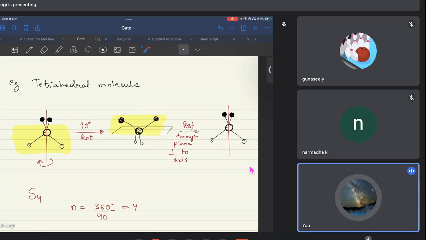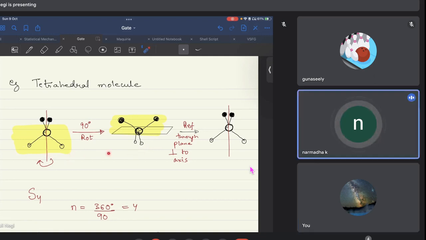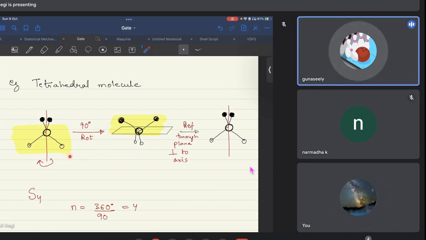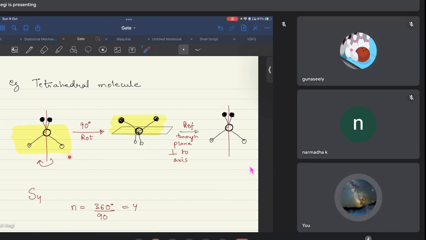It's a yes or no. Is this configuration indistinguishable with respect to this, or can you see that these two configurations are different? Same configuration, ma'am? No. See, the structure itself is very different.